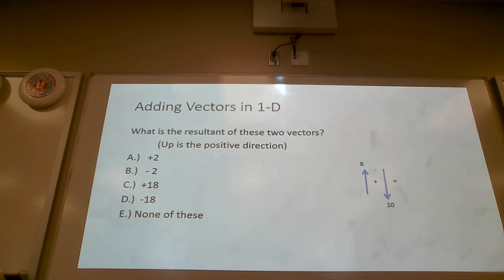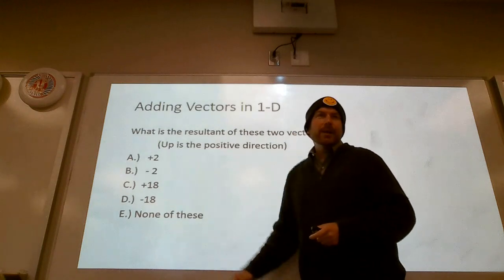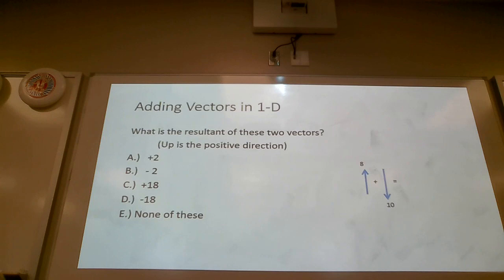Tell your neighbor. So everybody go with B. See what I'm doing there? So up, it's positive direction. So I can communicate direction with sign, positive, negative sign. Go to that.